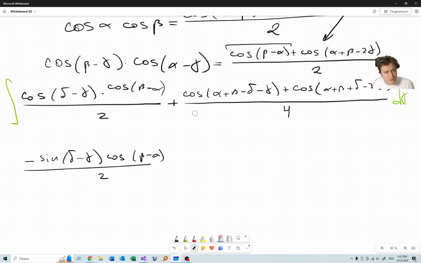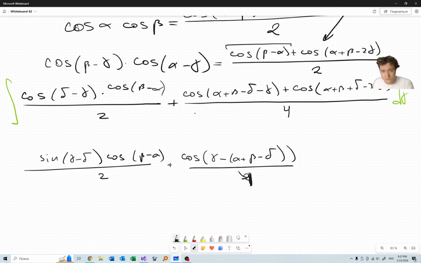Or, to put it simple, gamma minus delta. Plus cosine gamma plus gamma minus alpha plus beta minus delta over, again, 2 over 4.